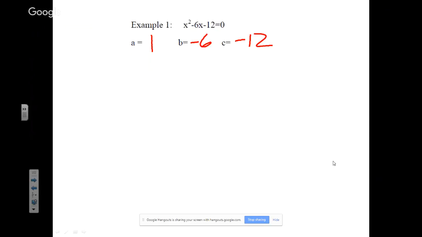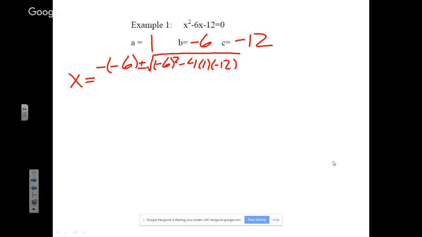So if we plug that back in, we have x equals negative 6 plus or minus the square root of b squared minus 4 times a times c. Then we divide all of that by 2 times a.